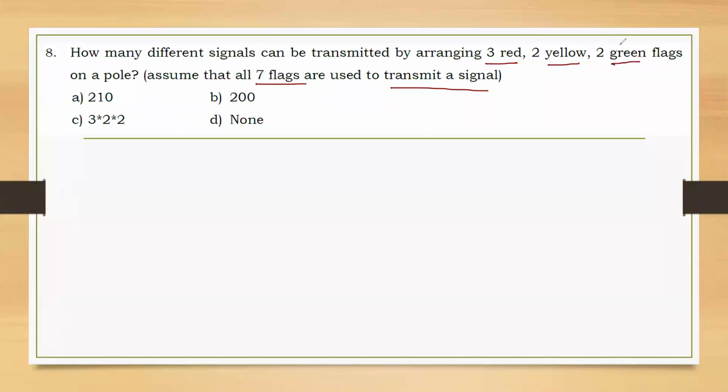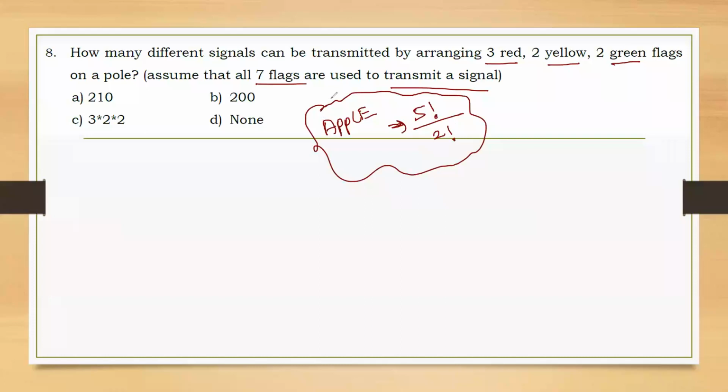If you take green, both are green, similar, like apple. Do you remember that? 5 factorial divided by 2 factorial, right? The same condition you're going to apply here. So how many different signals can be transmitted?